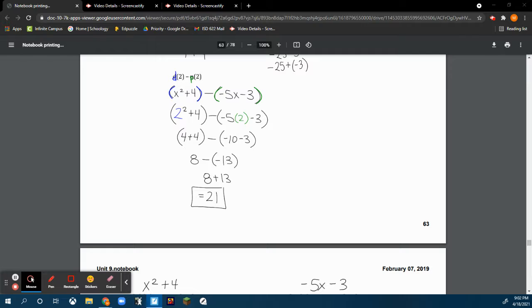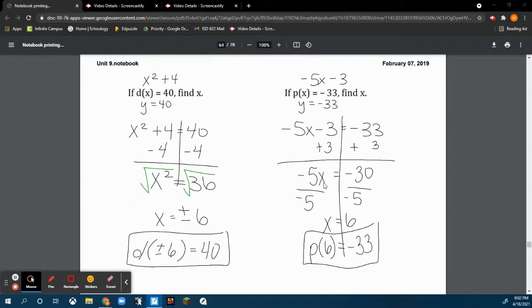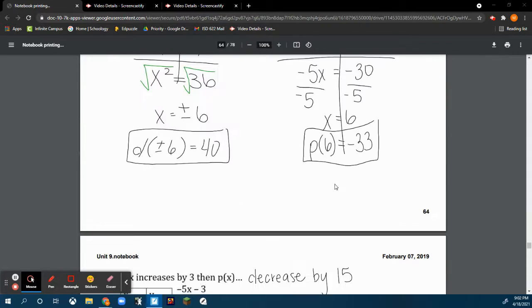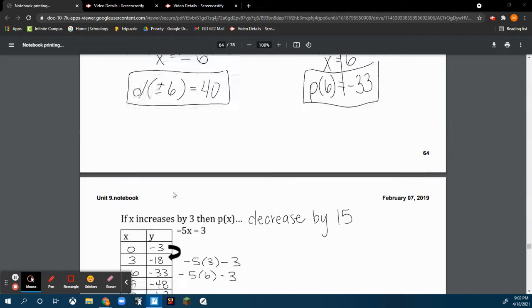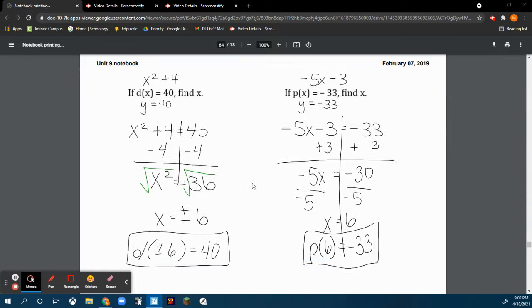You're just using substitution. Let's keep going. If d of x equals 40, find x. Okay, remember our equation.